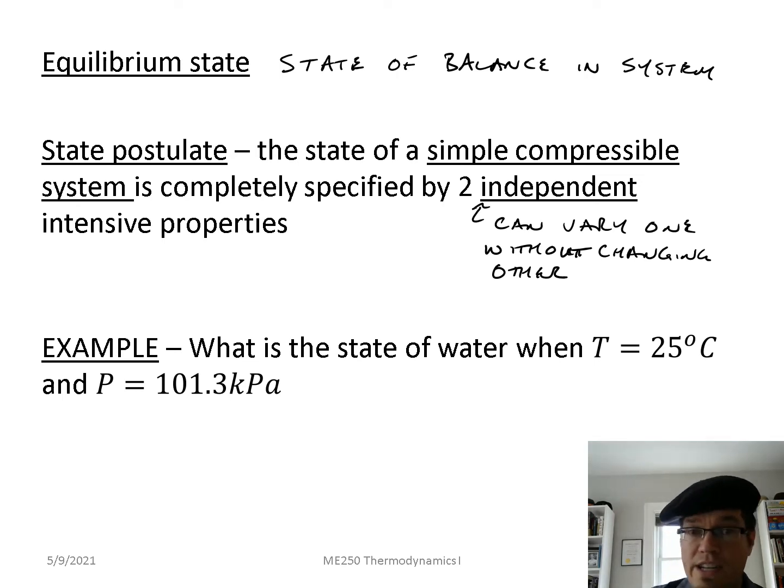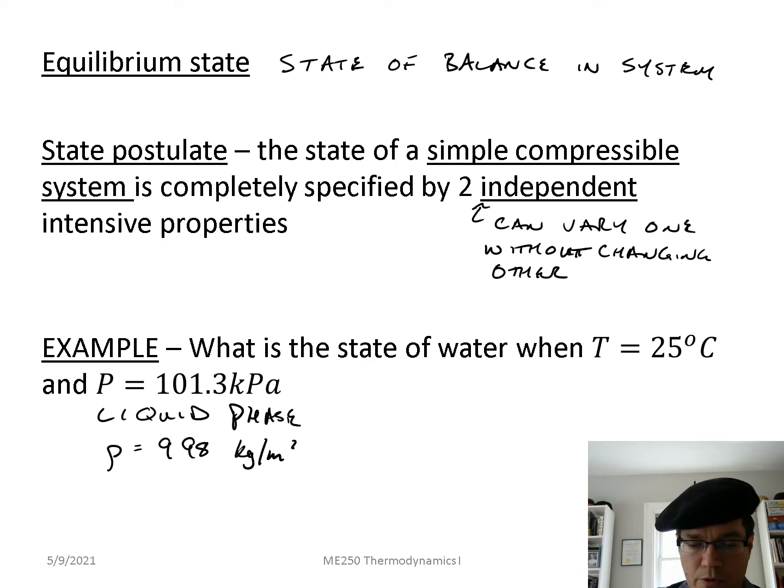And so the state of water at that temperature and pressure is fully defined. You know that it is liquid phase. You know it has a density of 998 kilograms per meter cubed. It therefore has a specific volume of 1 over 998 meters cubed per kilogram.